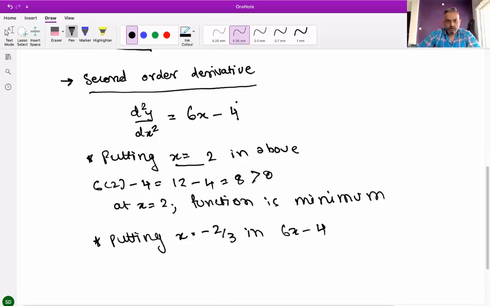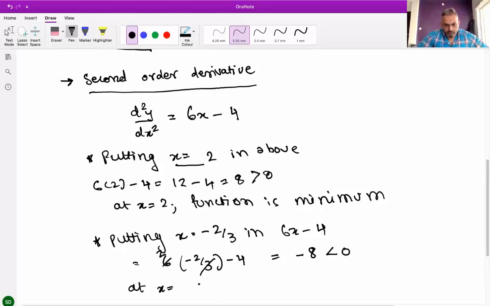So which is equal to 6 into minus 2 by 3 minus 4. 3 2s are 6, so minus 4 minus 4, minus 8, less than 0. So at x is equal to minus 2 by 3, function is maximum.